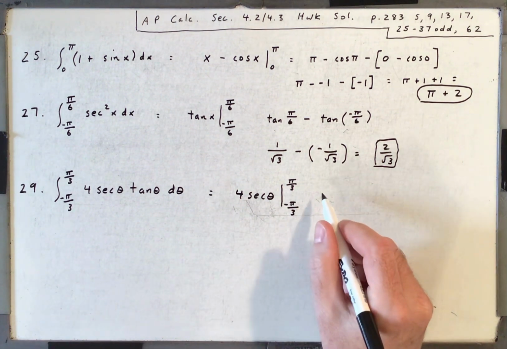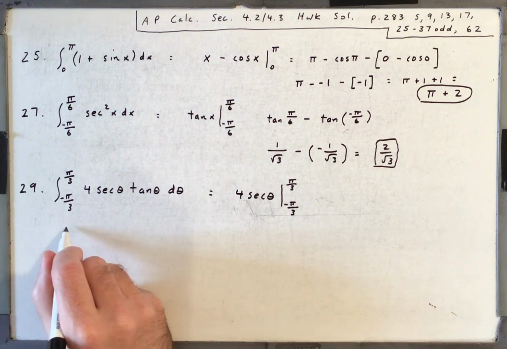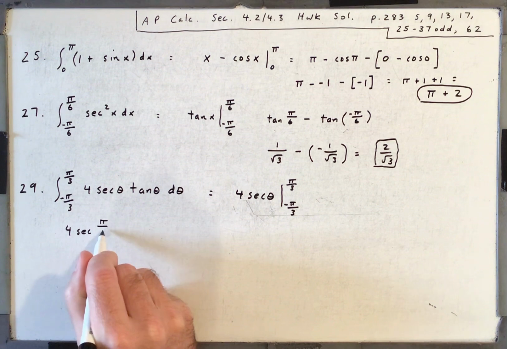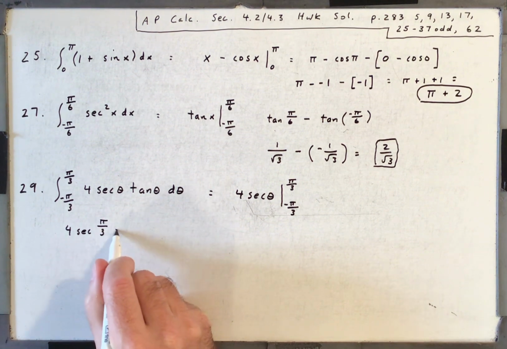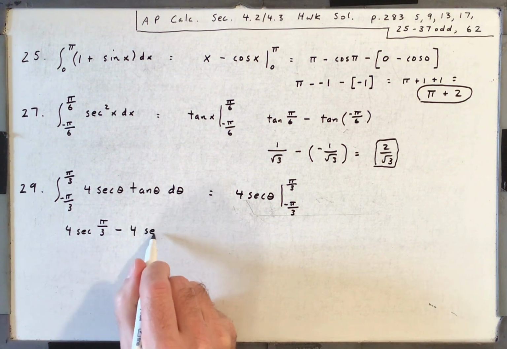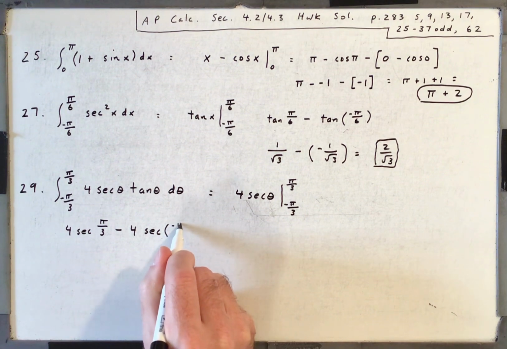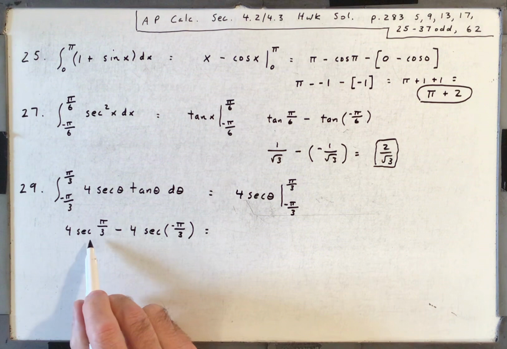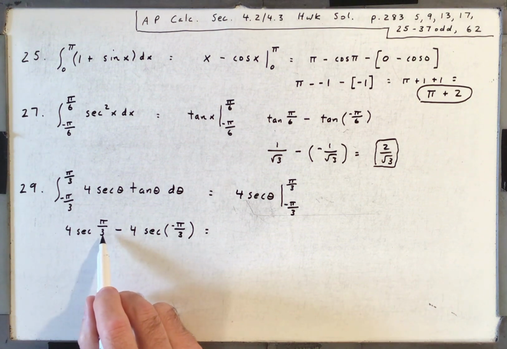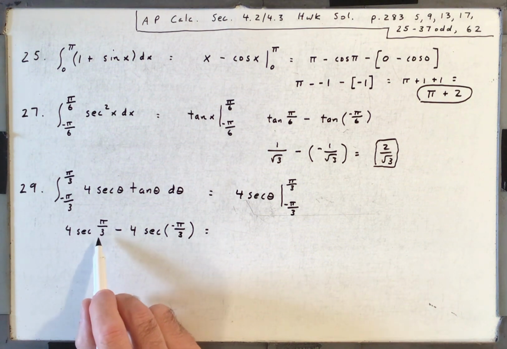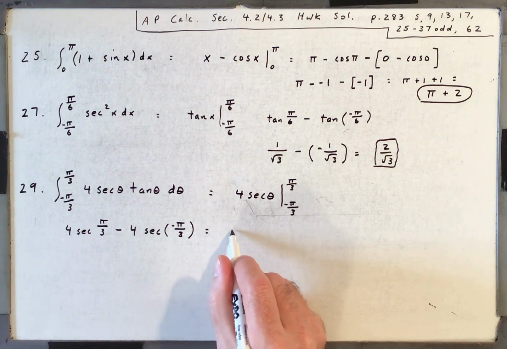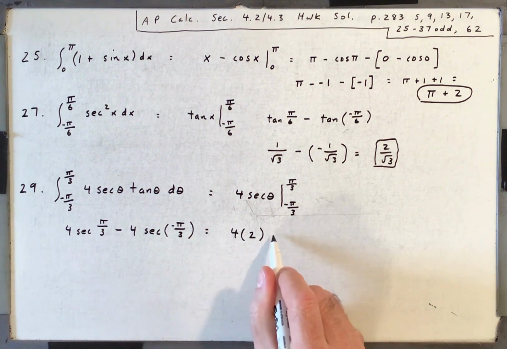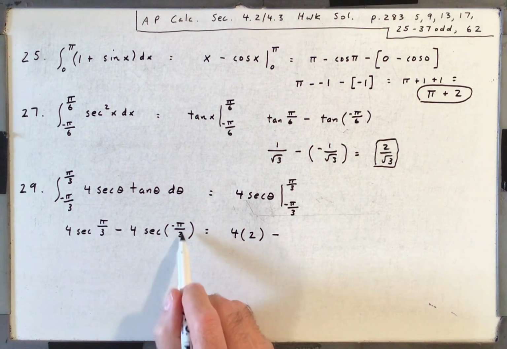Okay, so this is going to end up being 4 times the secant of pi over 3 minus 4 times the secant of negative pi over 3. Okay, the cosine of pi over 3 is a half. You flip that to get the secant of pi over 3, which would be 2. Negative pi over 3 is the same.